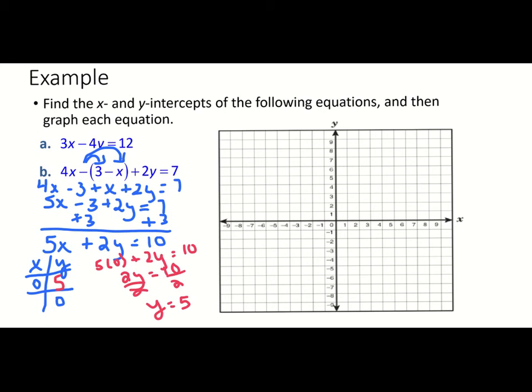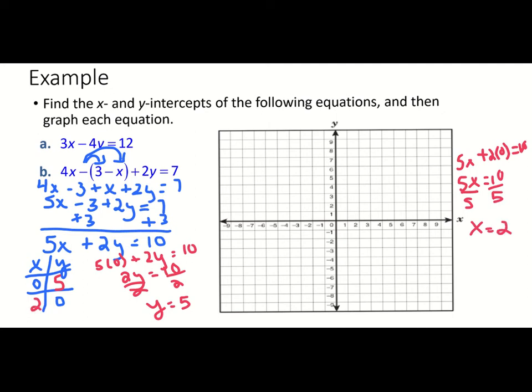And then my x-intercept, I'm going to do 5x plus 2 times 0 equals 10. And that is going to equal 5x equals 10. Divide by 5, and x will equal 2. So my ordered pair there would be (2, 0).